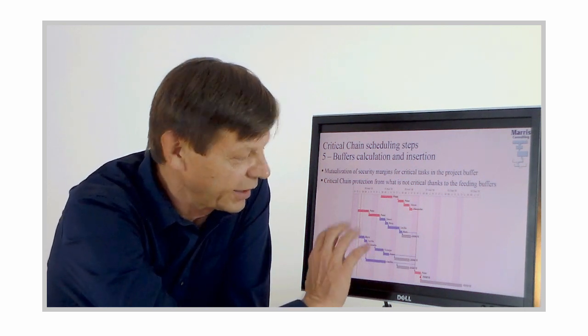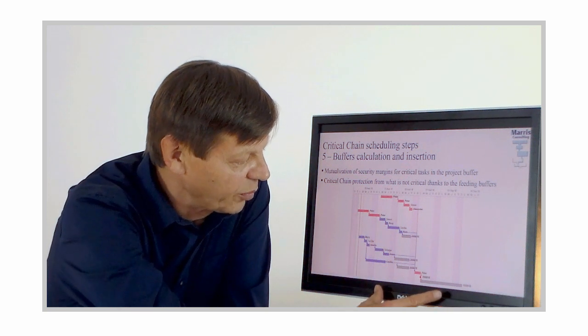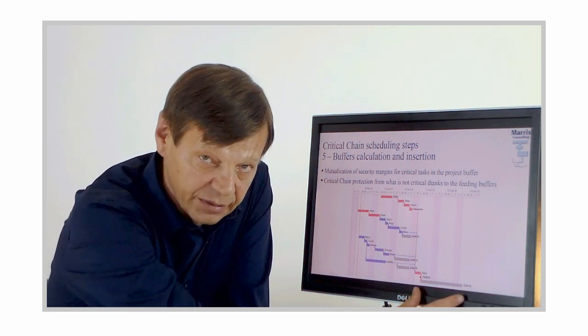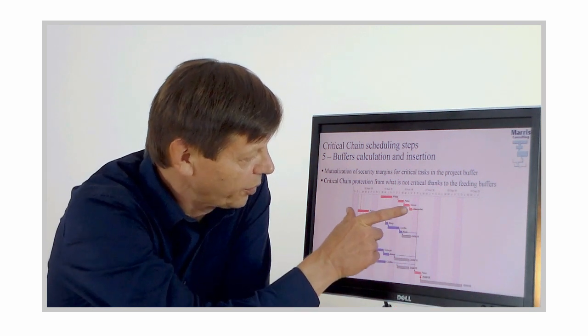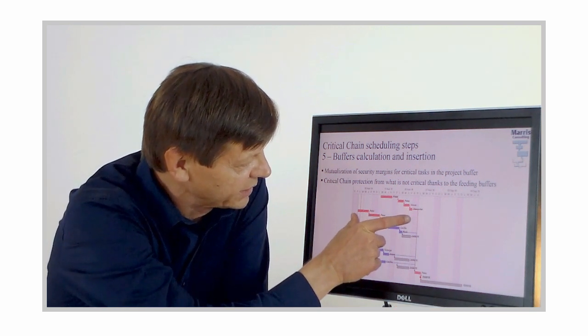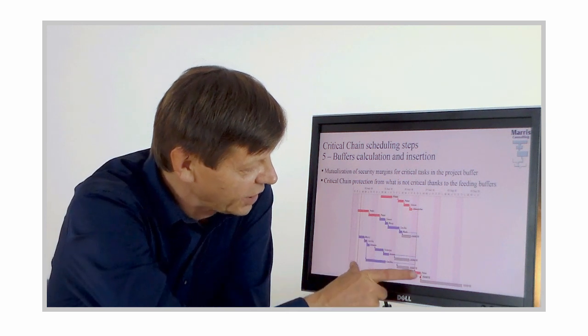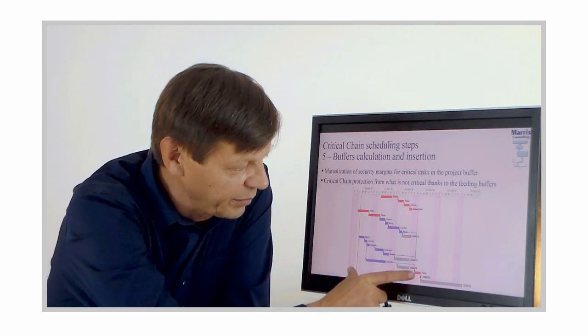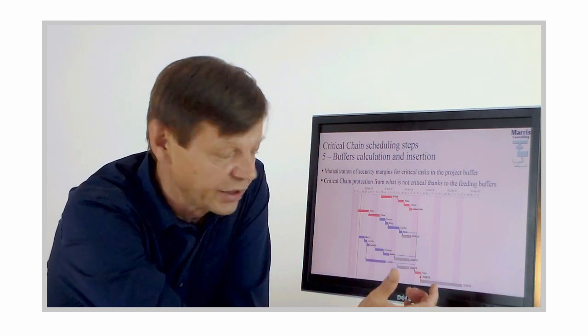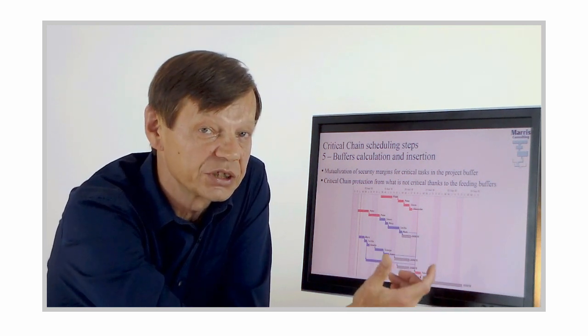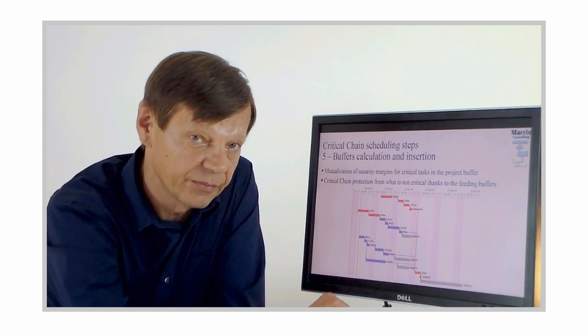Again, without going into the formulas, please note that this buffer is fairly big. For instance, one of the possible rules to identify its size is to take the size of the critical chain, divide it by 2 and say that's the size of the buffer, or said another way, 1/3 of the duration of your project is the buffer.